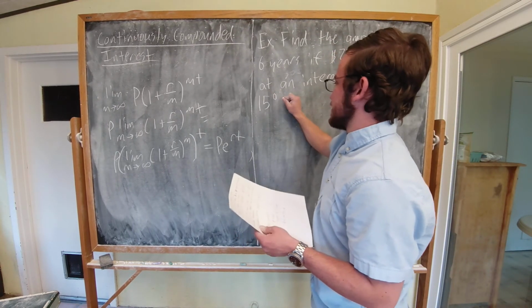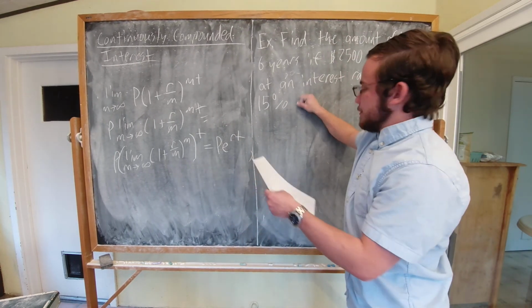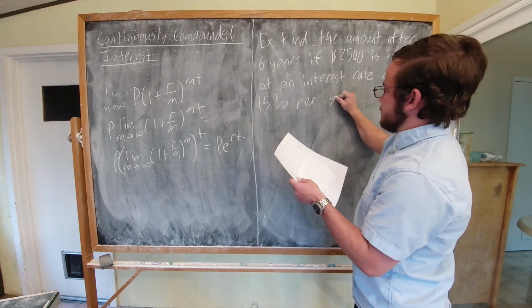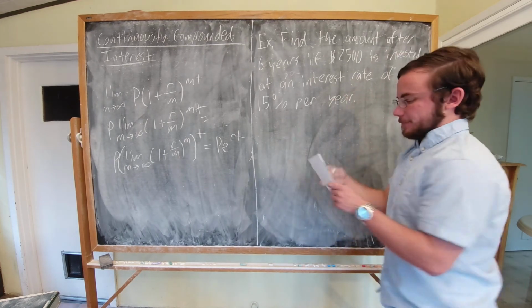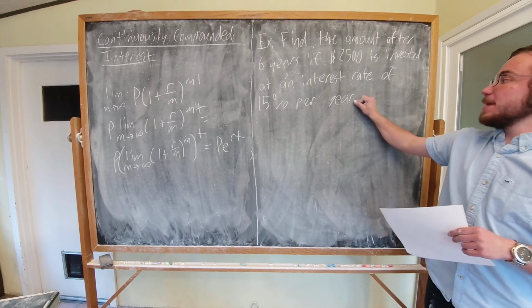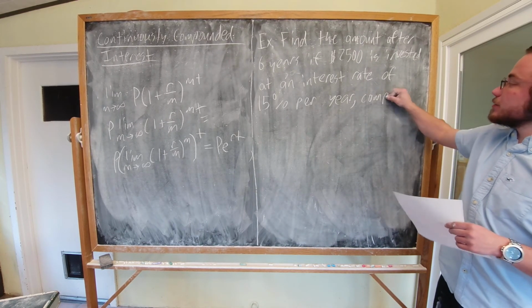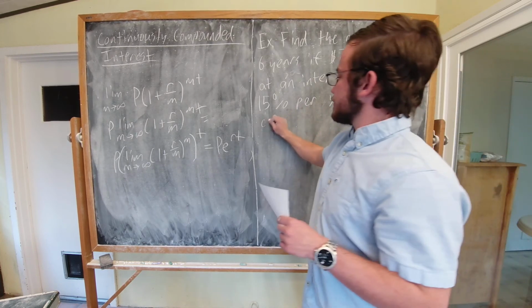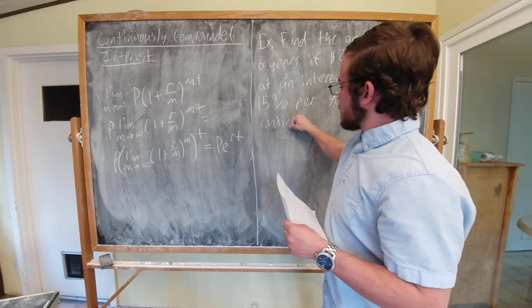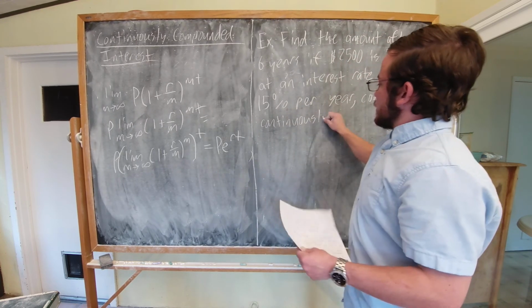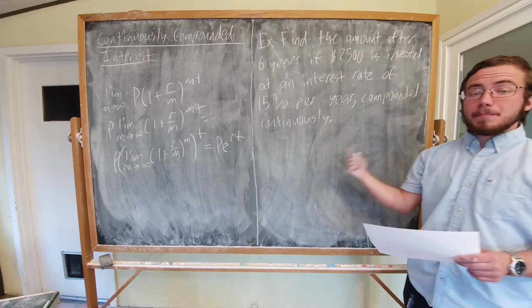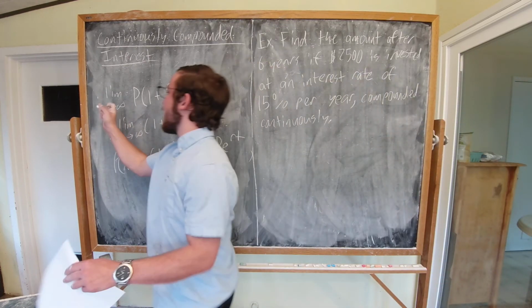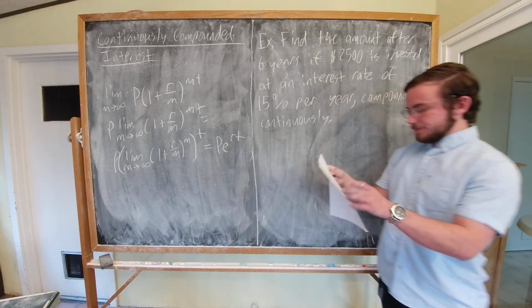So a ridiculously exorbitant interest rate, but one that makes our numbers work slightly nicer. So that's why I'll choose it. Oh, and let's say it's compounded continuously. So again, continuous compounding is when you're saying, okay, we're compounding every instant, we're letting m go to infinity.